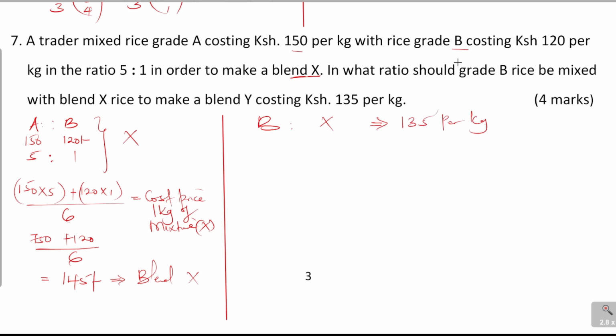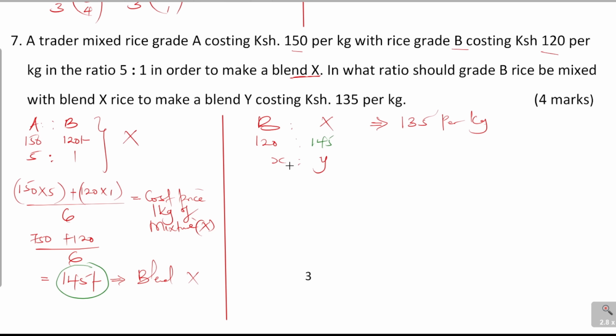So already we have grade B costs 120 per kg, and we already obtained the cost of 1 kg of blend X, which is 145. Now we require the ratio in which grade B costing 120 should be mixed with blend X costing 145.